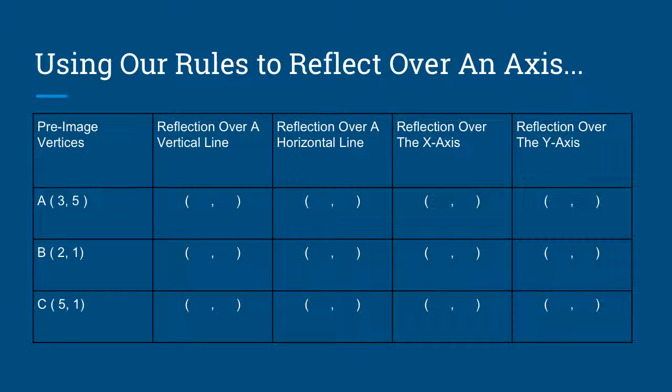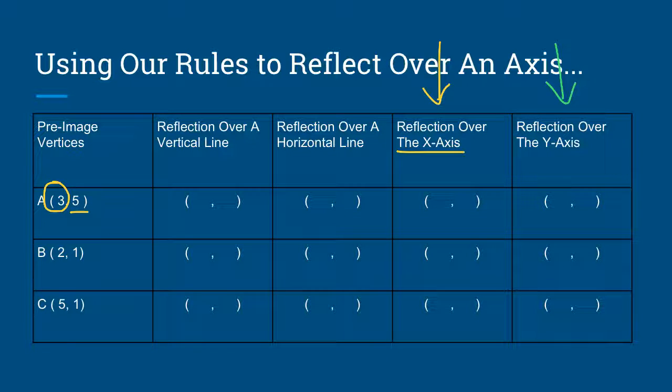Let's start filling in this table. We're going to work specifically with these last two columns. Our general rule says that if we were to reflect over the x-axis, we are going to leave the x-coordinate alone, and we are going to change to the opposite of the y because we are moving top-bottom or bottom-top.